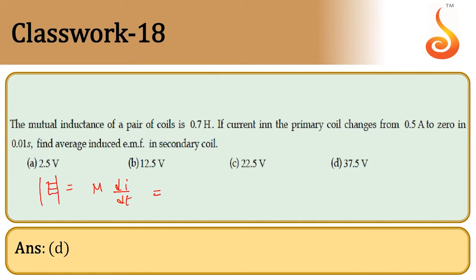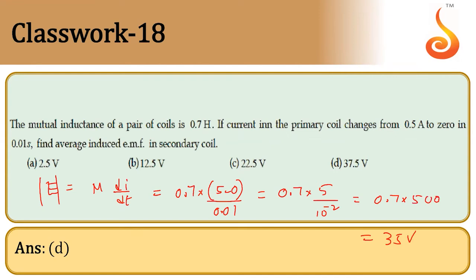M is 0.7, di by dt is 0.5 minus 0 divided by time 0.01. So that is equal to 0.7 into 0.5 divided by 10 to the power of minus 2. So it is equal to 0.7 into 50. So it is 35 volt. It's not 37.5, it's a printing mistake. It is 35 volt. Have you got that settled?